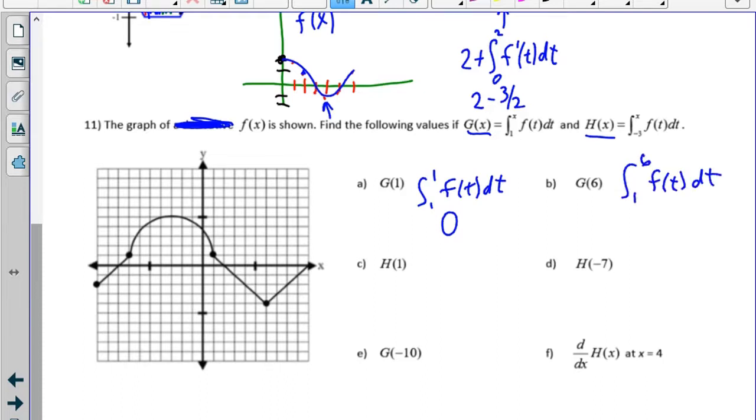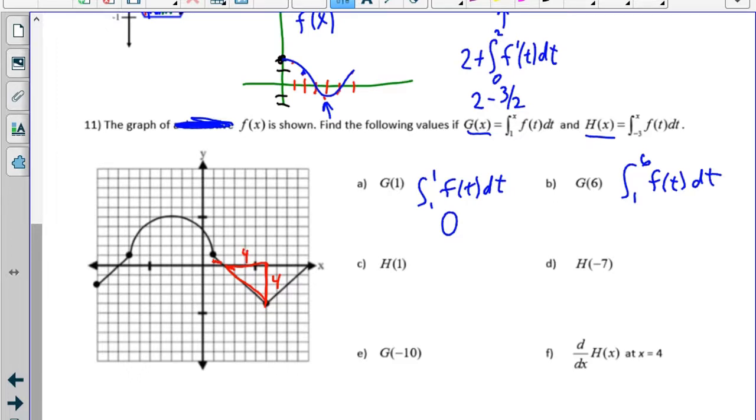So what we have to do is find the area, and we have to take the signed area in this case. So that's 1/2 minus 1/2. Well, I guess I could continue. So I have 1/2, and then I'm going to subtract the area of this triangle, which is 8.